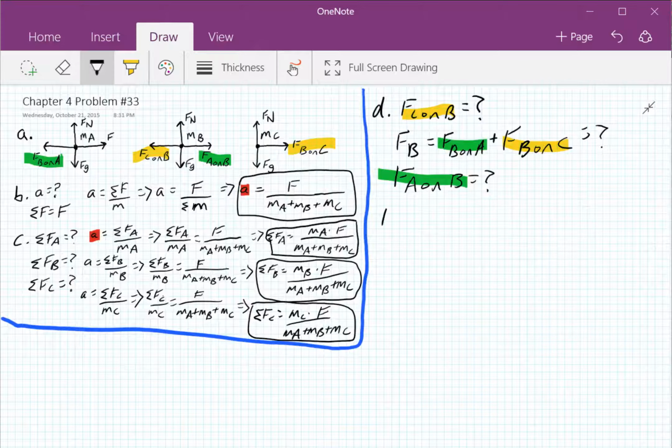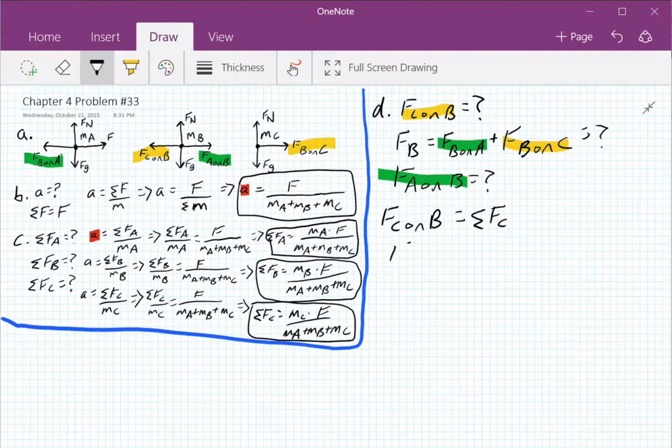So the sum of the forces on C will be equal to Fc on B. So I use the sum of the forces from part C to answer this.